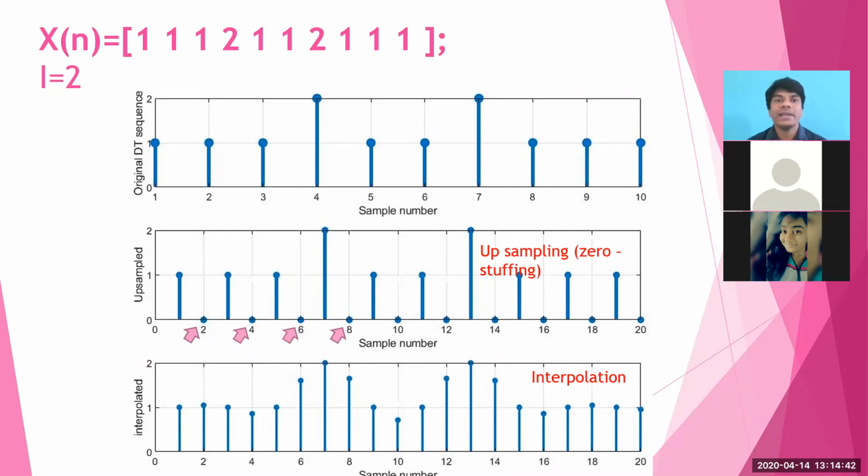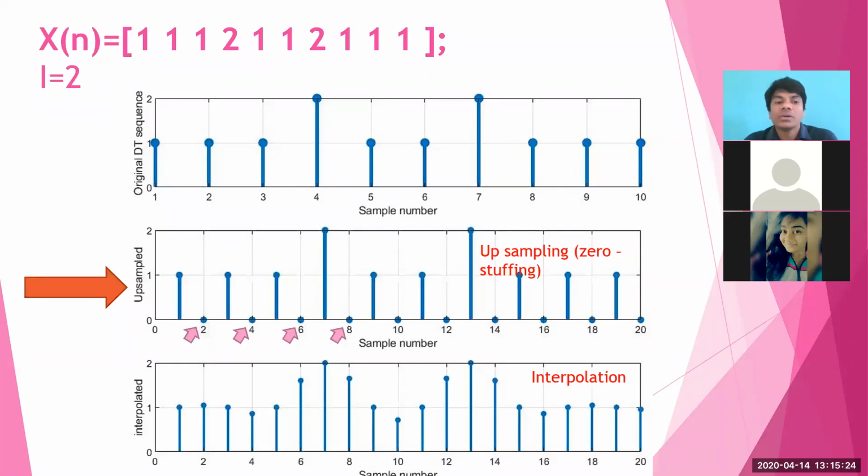I minus 1. Here the I which I have taken is 2, so we are going to insert 2 minus 1, that is 1 zero, between two successive samples. The red arrow is pointing towards my input sequence. You can see here that the zeros are being stuffed between two successive samples, which is shown using these pink arrows.